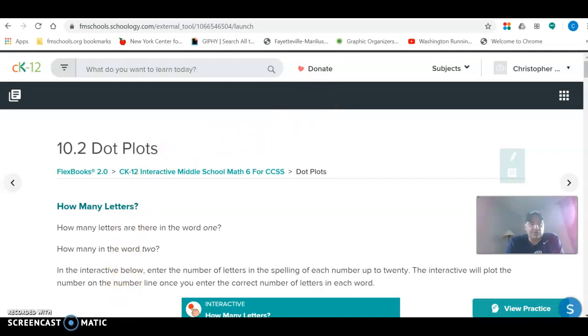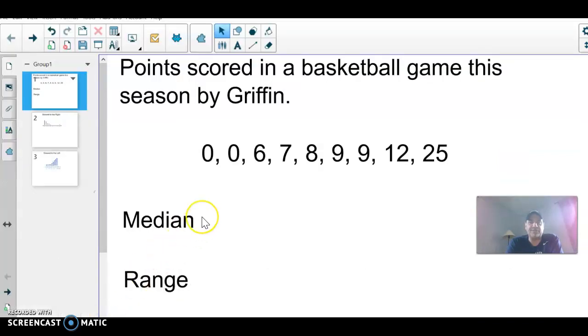So what I want to also talk to you about is a couple things that are going to come up in this lesson, and some that they ask you questions about, but there's not a lot of information in the lesson about. So in this problem right here, I have points scored in a basketball game this season by Griffin. It looks like Griffin played in 1, 2, 3, 4, 5, 6, 7, 8, 9 games.